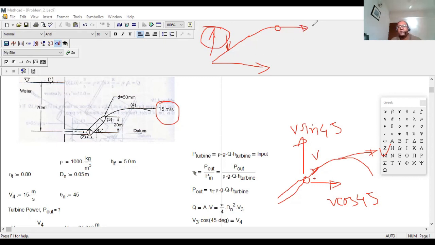So that means this velocity, 15 meter per second, is equal to V cos 45, equal to this 15. Now coming over here, what will happen? The gravitational force works downward, the horizontal component carries it toward the right, and the fluid comes down ultimately to the ground.